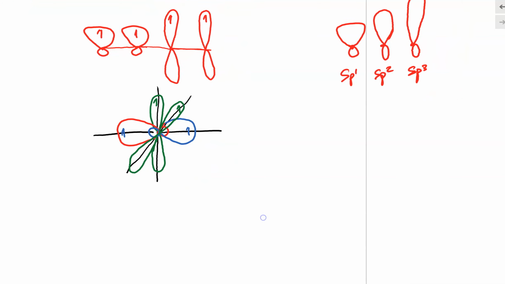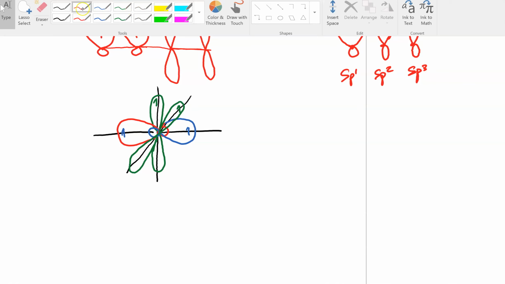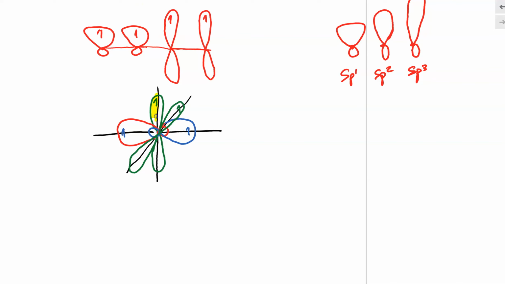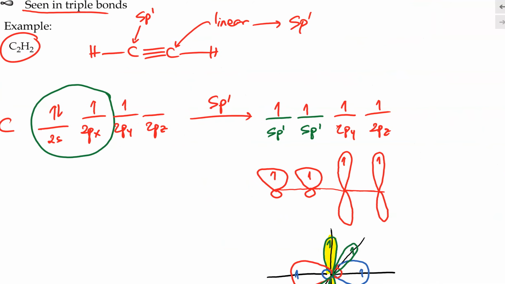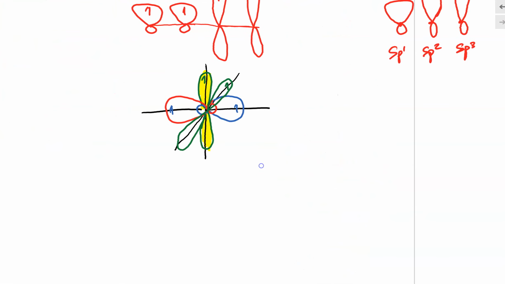And now we have 2 of it. So in fact, let me actually change color so we can keep track of this easily. And so let's go ahead and color one of them. So this is one carbon. And now in the structure of this molecule, acetylene, we have two carbons and both of them are sp1. So essentially, there will be another one like this that looks exactly the same.